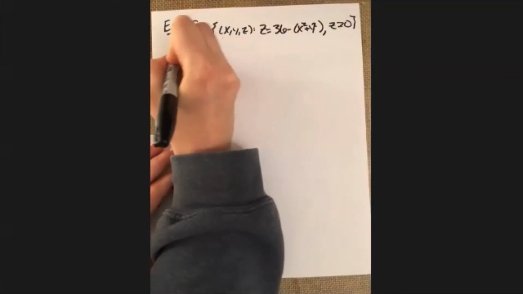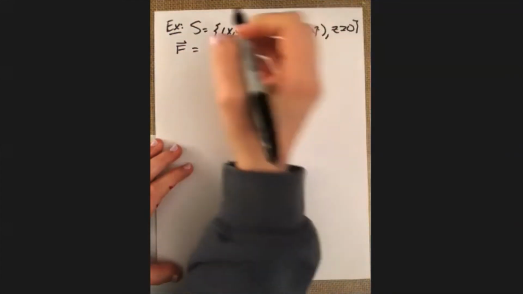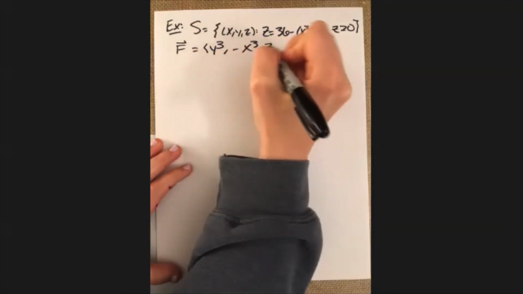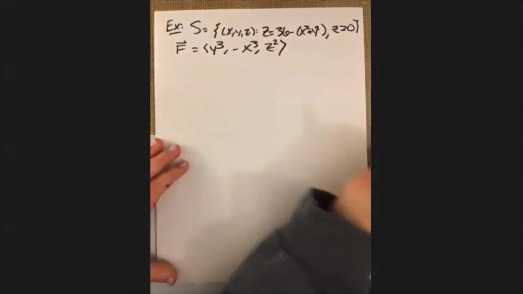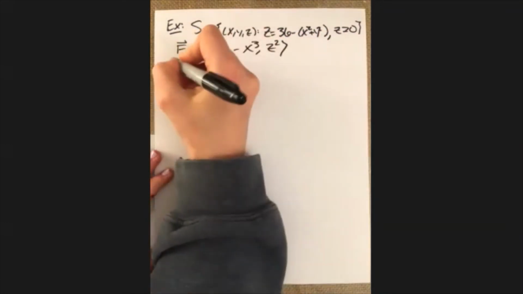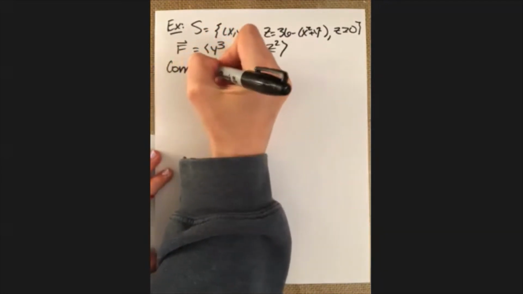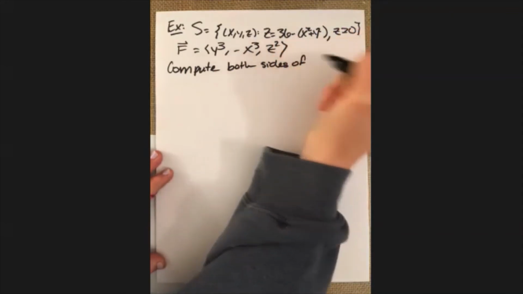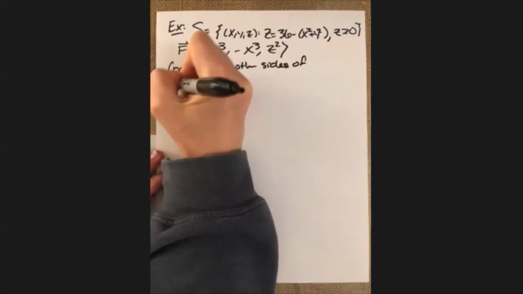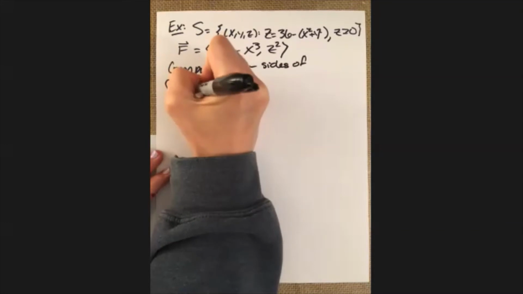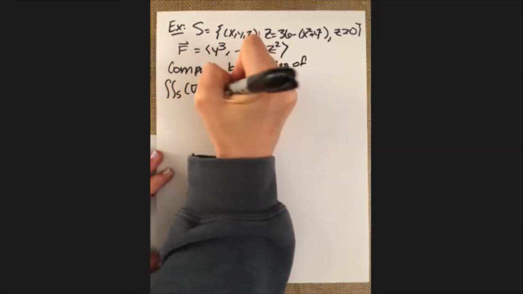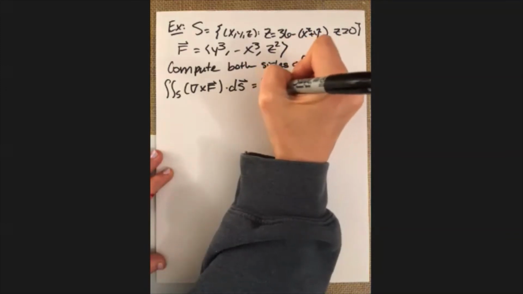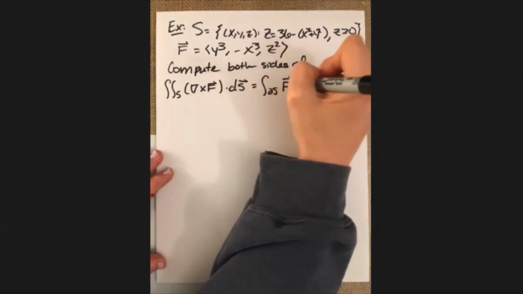We're also told that our vector field is y cubed, negative x cubed, and z squared. Just to remind ourselves of what we're doing, our goal is to compute both sides of Stokes' theorem, which says that the double integral over S of the curl of f dot dS is equal to the single line integral of f dot dr.